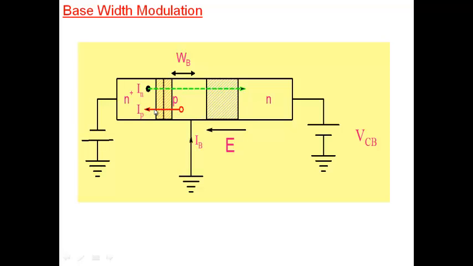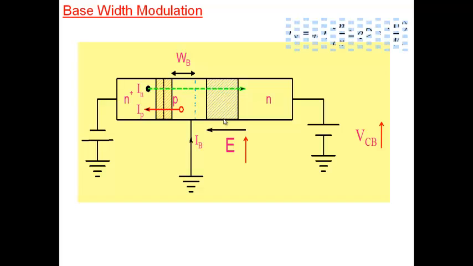Now what happens is, as you increase the collector base voltage, you are making the junction more reverse biased. As you make it more reverse biased, the electric field increases and the depletion region becomes larger. The boundary of the depletion region, which was earlier here, now comes over here, because as you increase the voltage, the electric field increases, along with it the charge increases, and along with charge the depletion width increases.